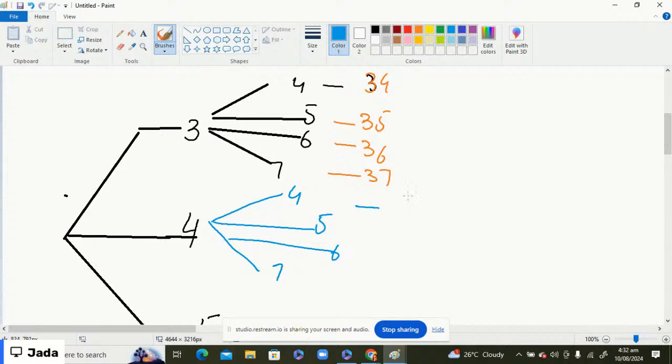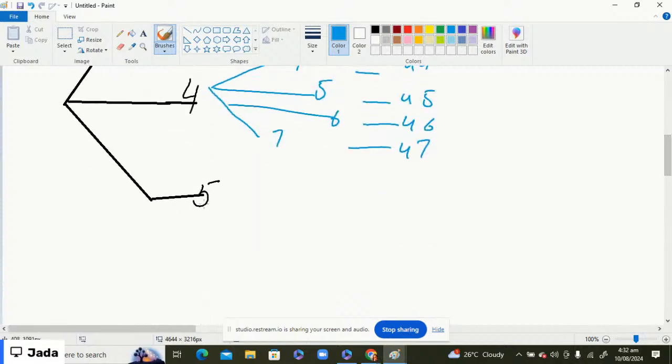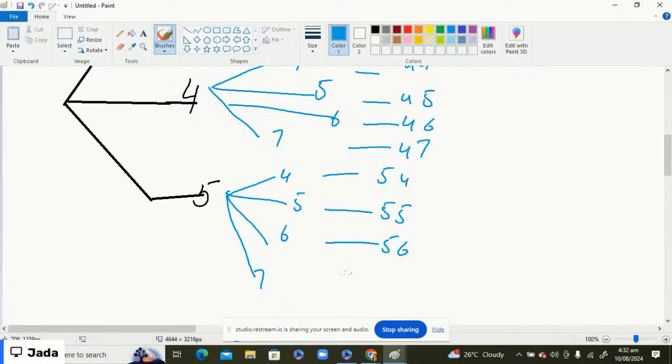Same thing for 4, it's 4 and 4, 4 and 5, 4 and 6, and 4 and 7. Okay, now for the 5, it's again the same: 5 and 4, 5 and 5, 5 and 6, 5 and 7.